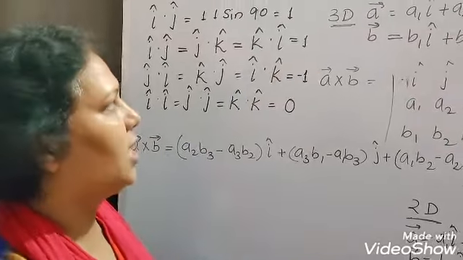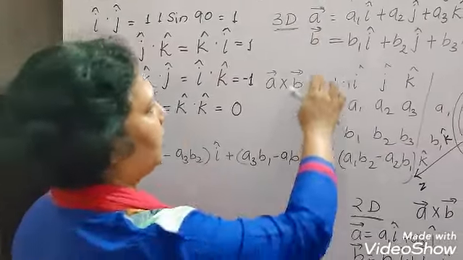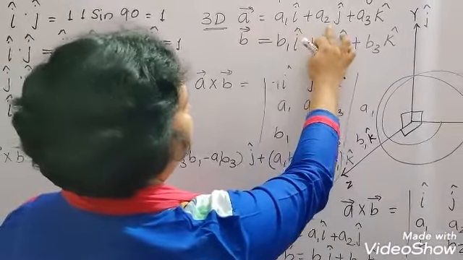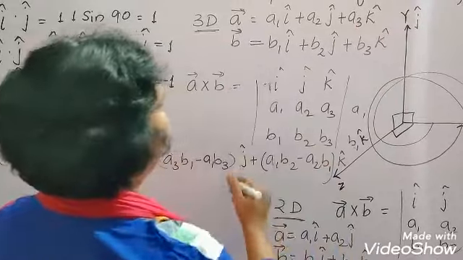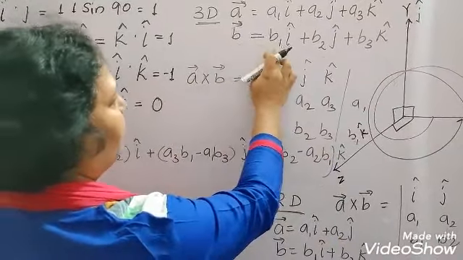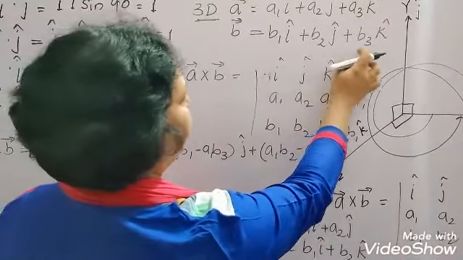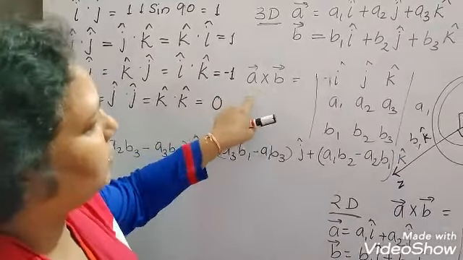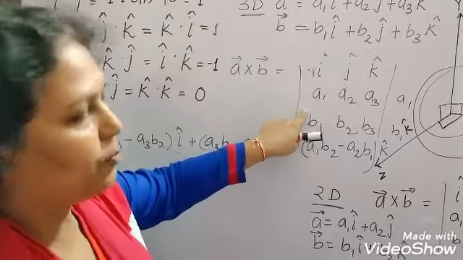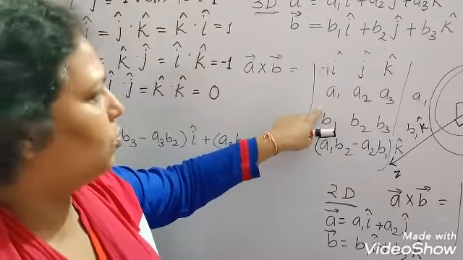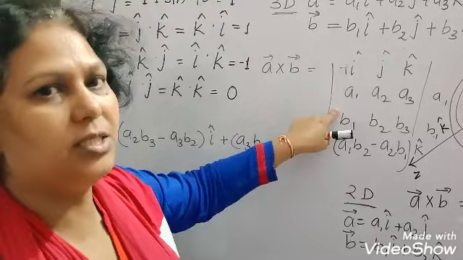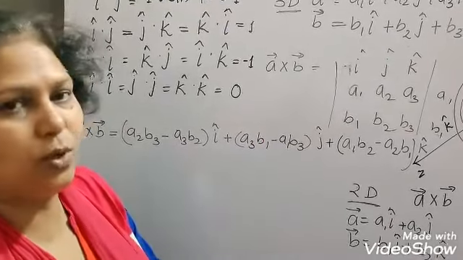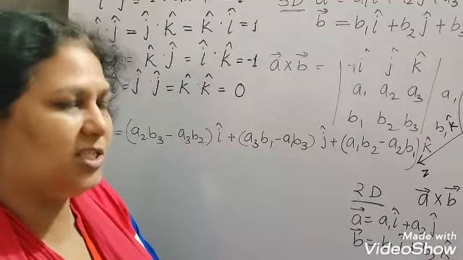And how we are going to calculate the cross product, we'll see here in 3 dimension first. In 3 dimension, I have taken a vector A, which is equal to a1i plus a2j plus a3k, and this is B vector, b1i plus b2j plus b3k. When we take the cross product of these two vectors with the help of determinants, the maths students will read this in the maths syllabus, but the bio students will not, so they have to learn it in this way only.